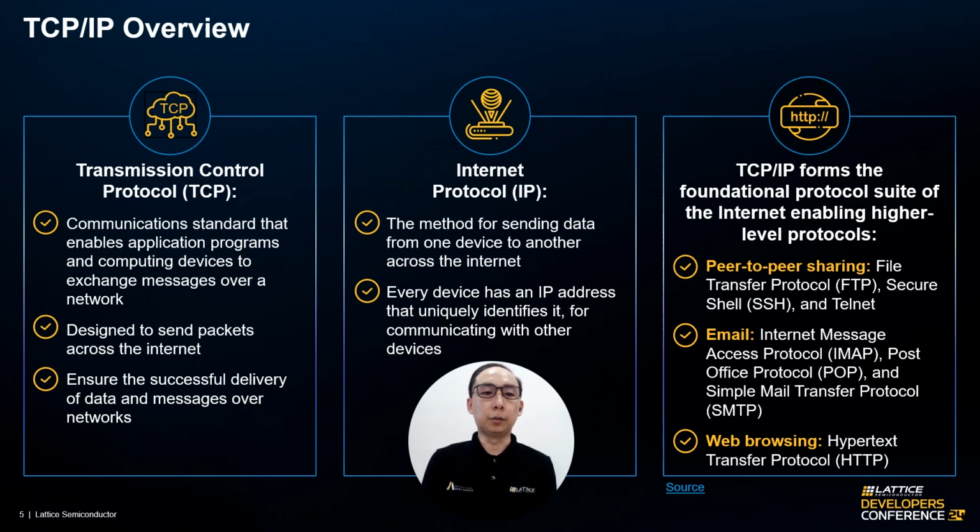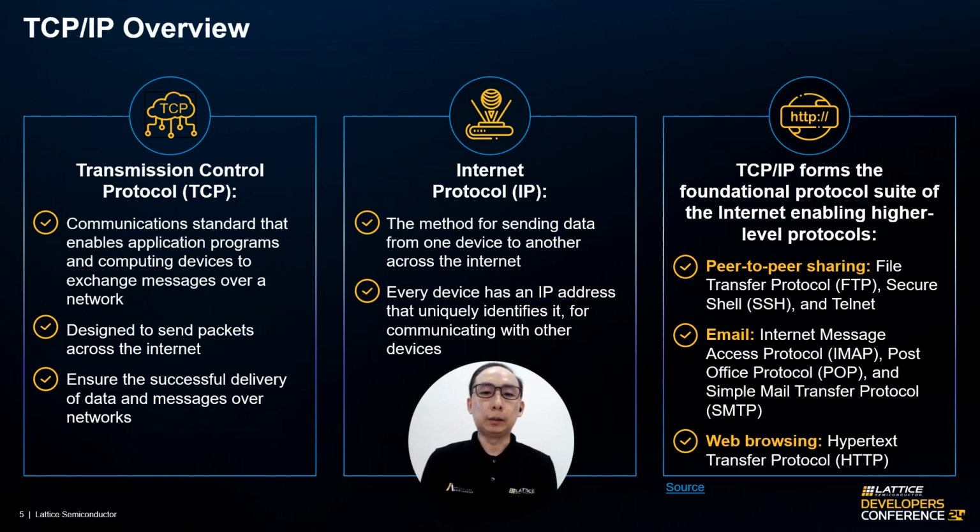It is the communication standard that enables application programs and computing devices to exchange messages over a network. It is designed to send packets across the internet, and TCP ensures the successful delivery of data and messages over the network. And in the middle is the Internet Protocol, or IP.